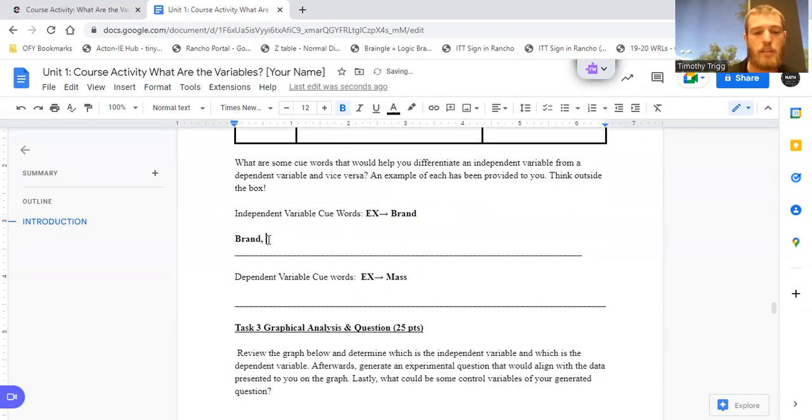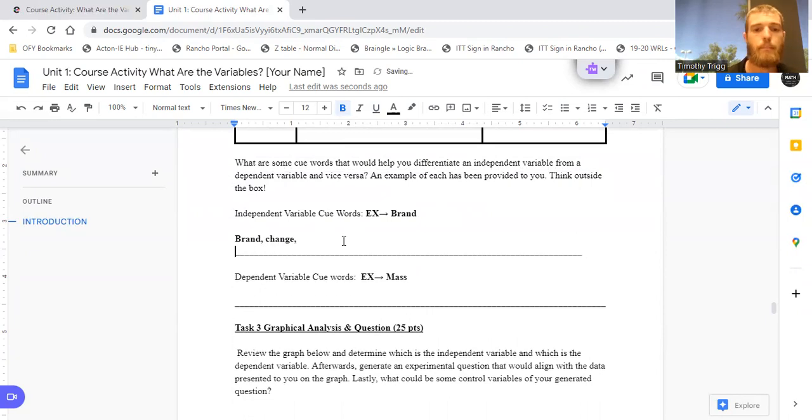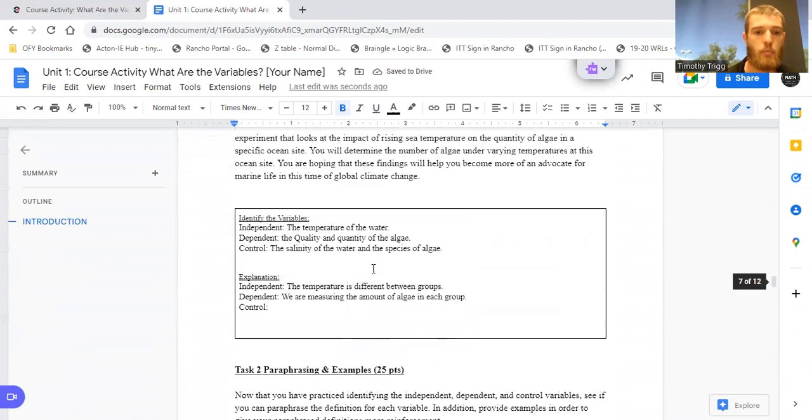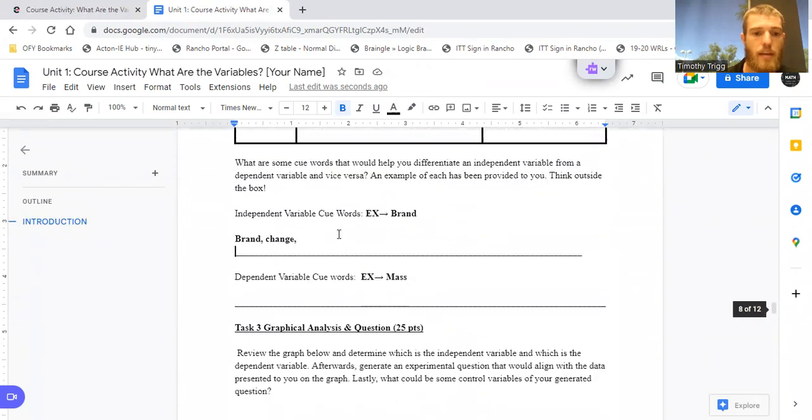Well, another example might be change. What are some other things? Well, the effect of, that's another one. The effect of, right? So when it says, what's the effect of changing this, right? So that tells you, oh, that's probably your independent variable.